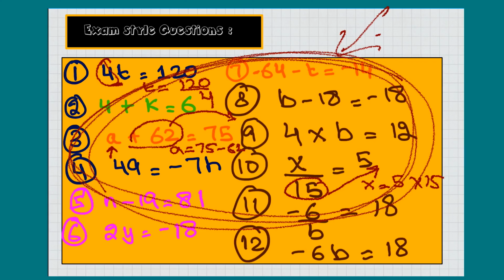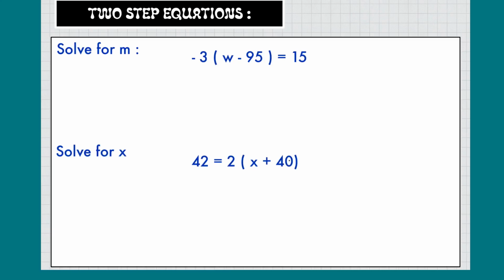Now we're going to do the two step equation. In a two step equation, we do more than one step, which we were doing previously. In this one, first we multiply minus 3 with w, which makes it minus 3w. Minus 3 with minus 95 then makes it plus 285, equals 15.